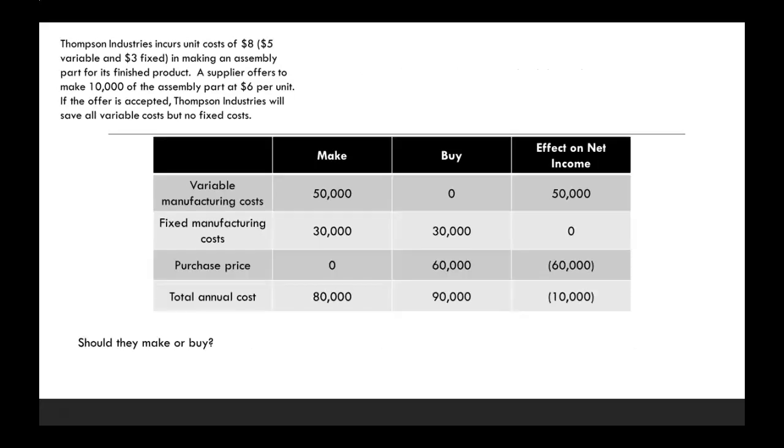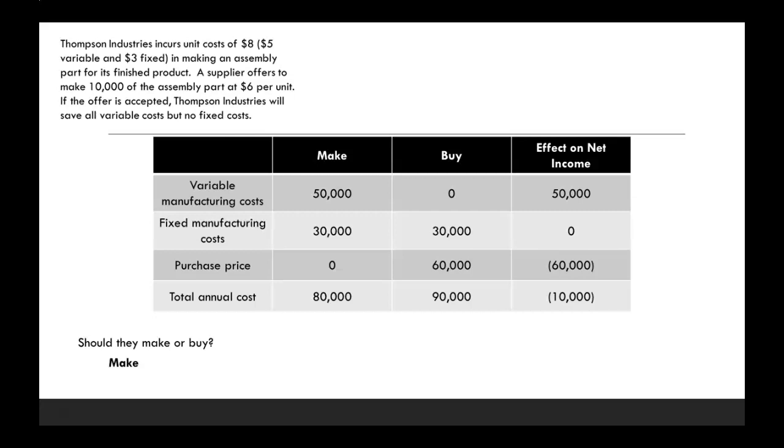So, the next part of the question was, should they make or buy? Well, there's a few different ways that we can look at this. We can just look at the total annual cost. If we were to make the product, that would be 80,000. If we were to buy, that would be 90,000. We want a lower cost, right?